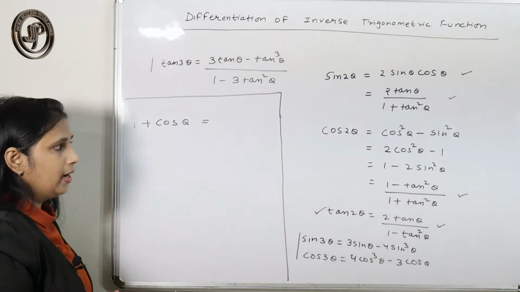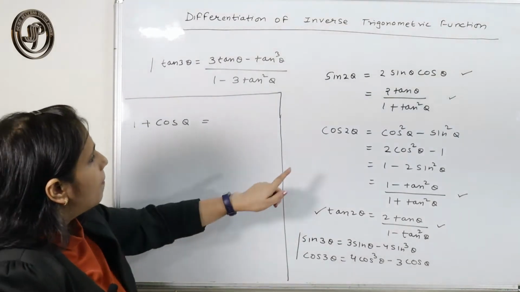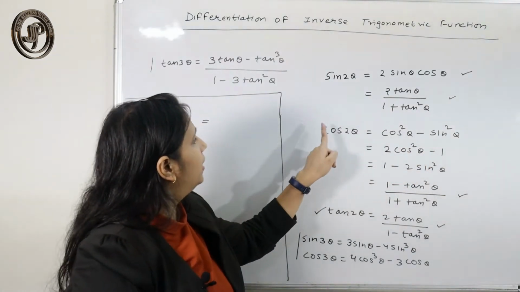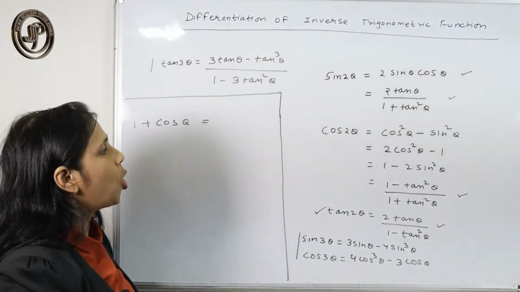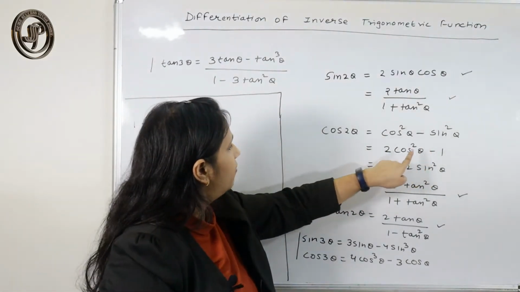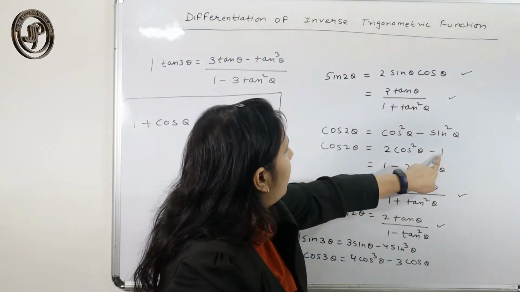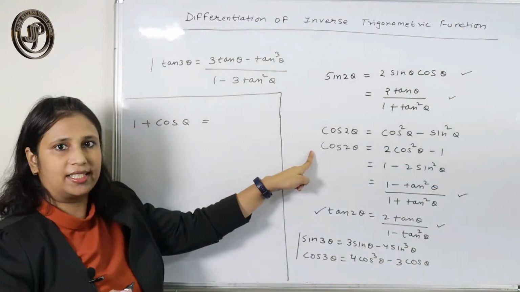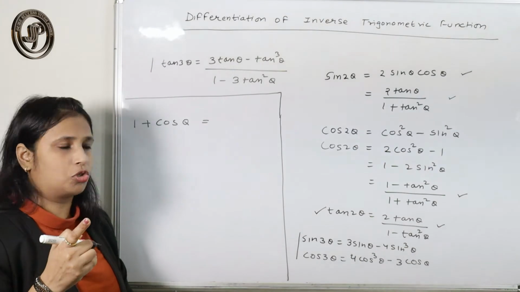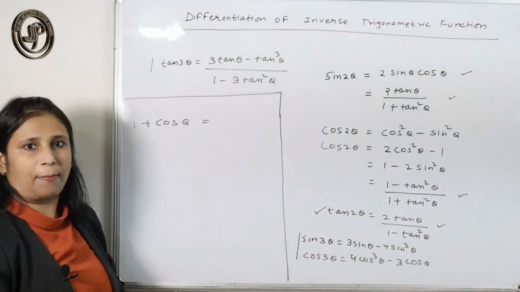Here I am going to derive this formula. If I move this to that side, 1 plus cos 2 theta will be 2 cos square theta, right? This is the formula for cos 2 theta, and if I bring this minus 1 to that side, 1 plus cos 2 theta is equal to 2 cos square theta. Same formula I am just applying here.